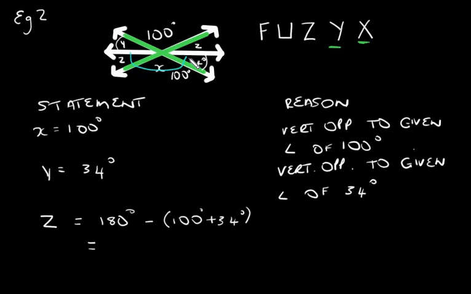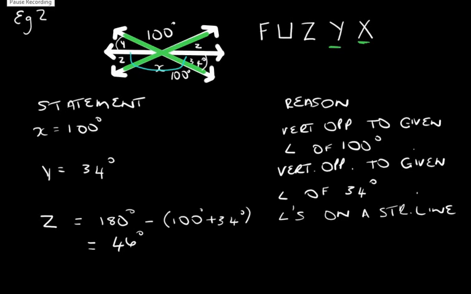Why? Because they are angles in a straight line. So we can go ahead and say that Z is equal to 180 degrees minus 100 degrees plus 34 degrees. And what will that give us? It will give us an answer of 46 degrees. And our reason is because it's angles on a straight line.